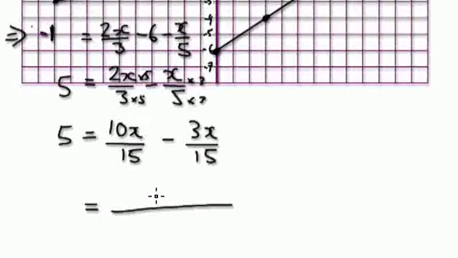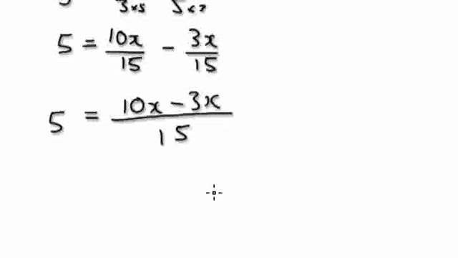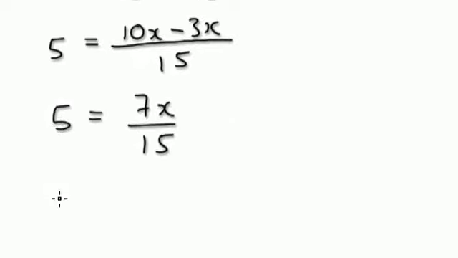Now that the two denominators are the same, we can merge the two. So it's 10x minus 3x over 15 equals 5. Now simplify this: 10x take away 3x equals 7x over 15, and this here would be 5. Now times 15 to both sides.